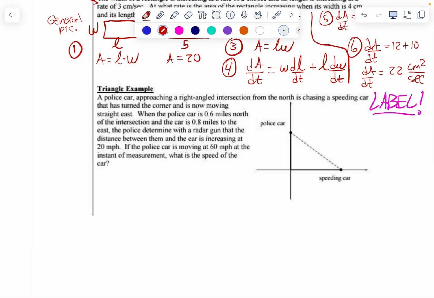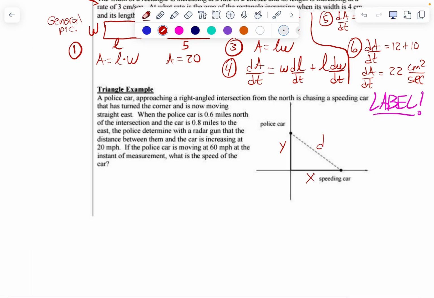Actually, we do need to talk through this one because sign is kind of an important deal. So remember we called the police car's position Y and the speeding car, the bad guy's position, X. And then we had a D for the distance between them. Okay, let's read. The police car is approaching the right-angled intersection from the north, and the other guy turns to the east.